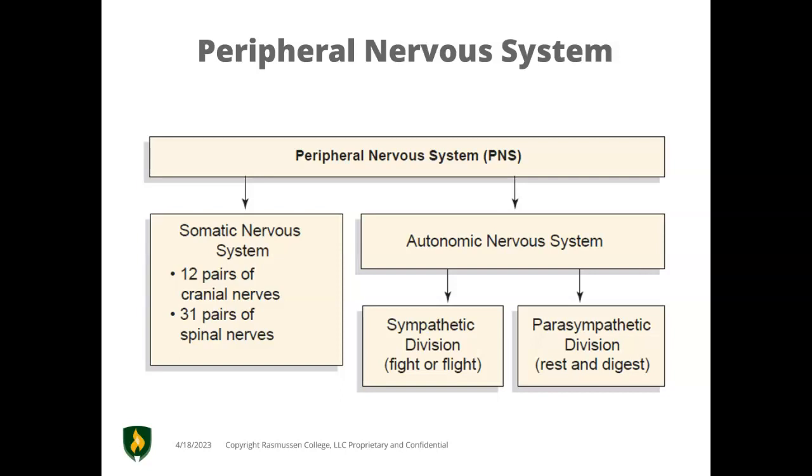But this makes up the somatic nervous system. So the somatic nervous system is where muscle impulses transmit to other muscles under conscious control. Motor impulses that transmit to glands and muscles not under our conscious control belong to the autonomic.